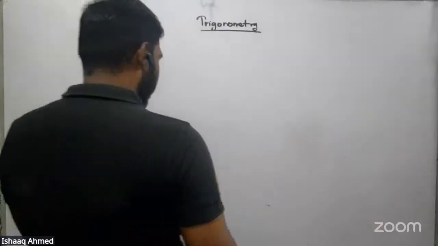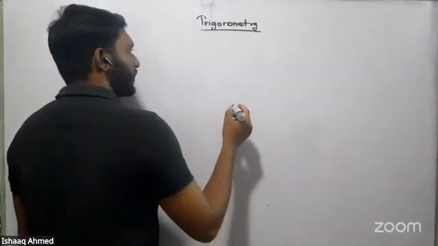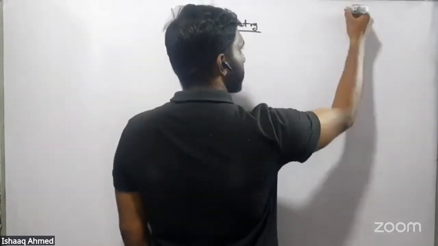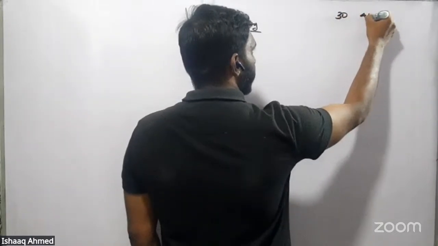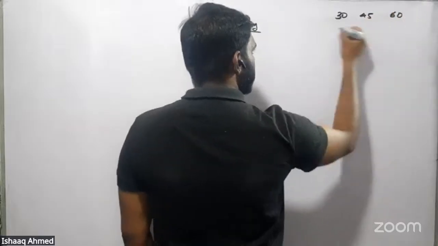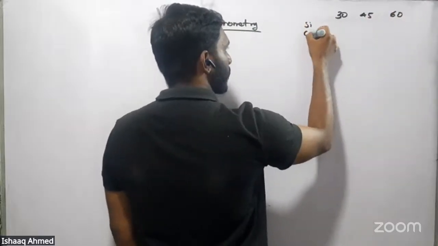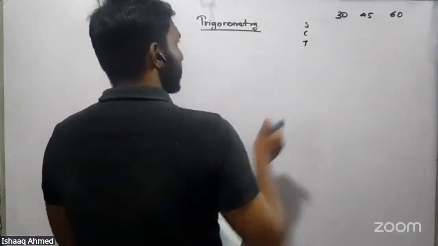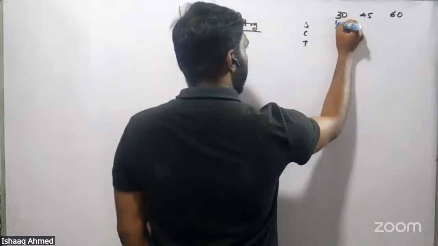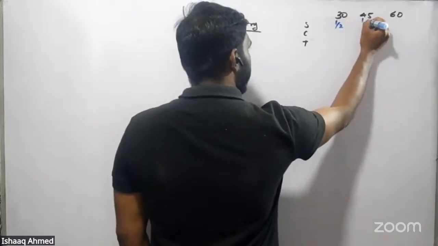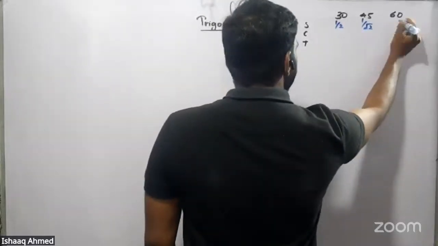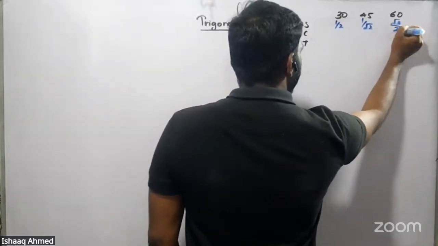Now there are certain common trigonometric values that you should memorize. But basically we just use the trigonometric table simply. So I'll give you the common values also. It's like this: 30, 45, 60, sine, cos, tan. Sine 30 is half. Sine 45, 1 over root 2. Sine 60, root 3 over 2.